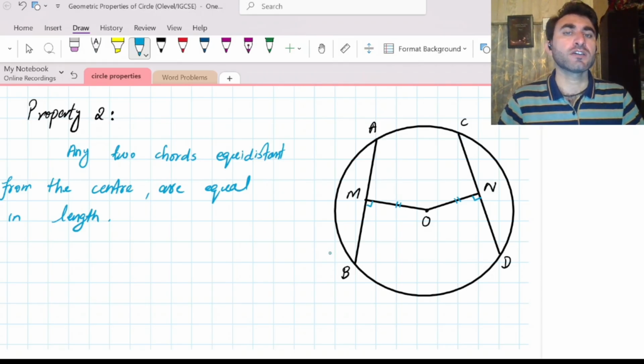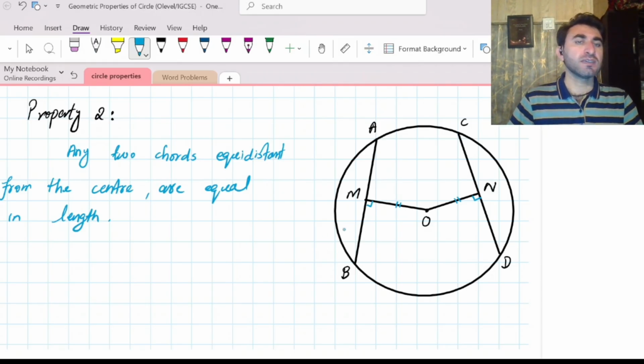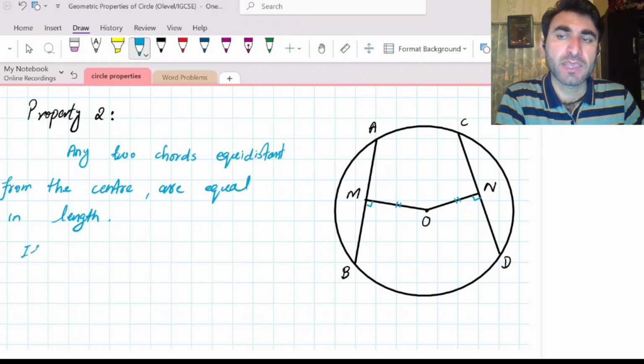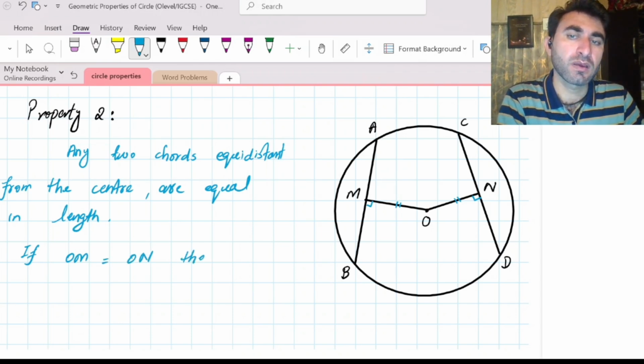Like we have taken two chords AB and CD, and their distances from the center are OM and ON respectively. So if OM is equal to ON, then AB is equal to CD. So that is the statement of this property.